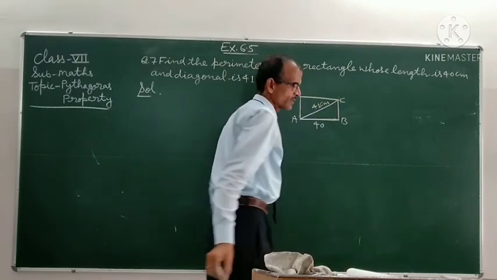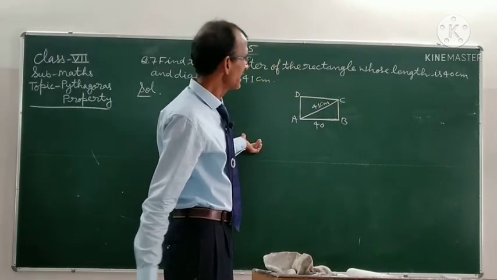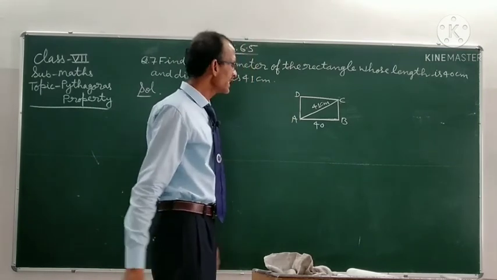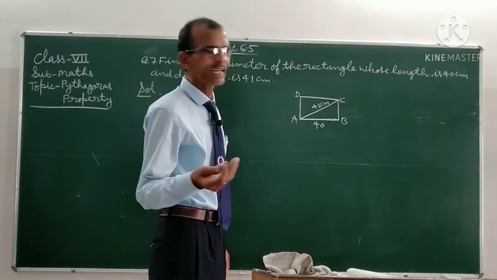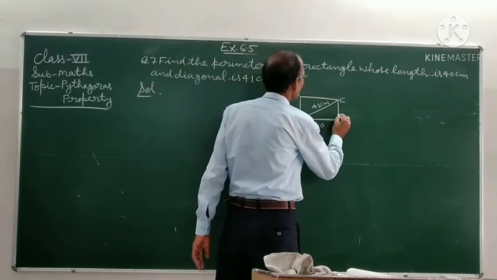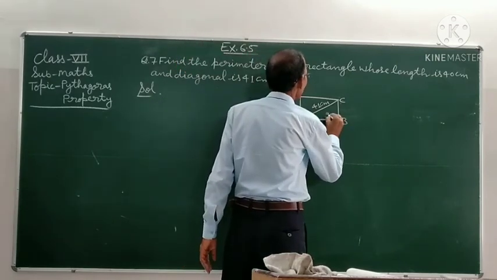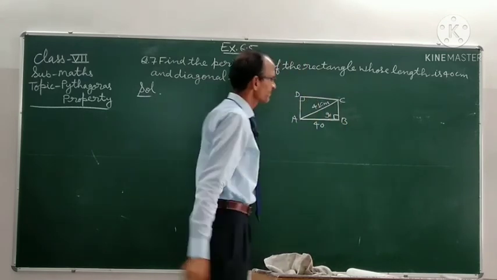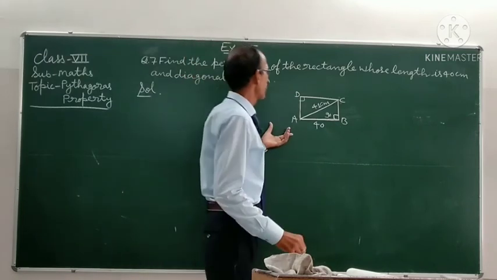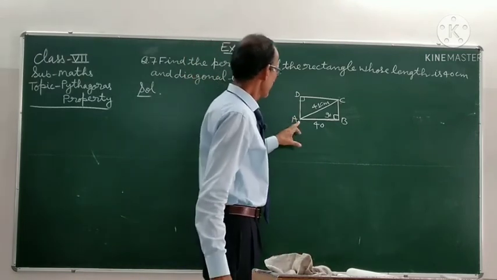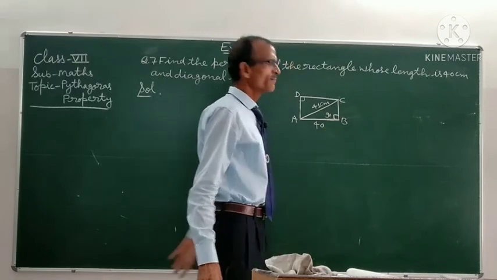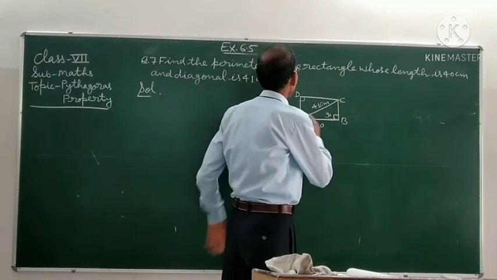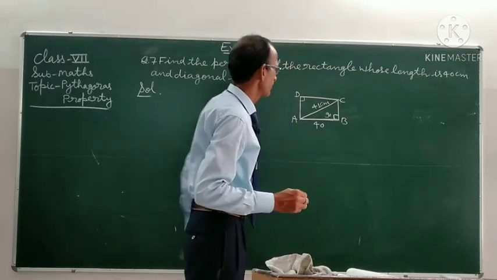Okay, we have to find the perimeter of this rectangle. We know that each angle of rectangle is 90 degree. So this angle is 90 degree and remaining angles are also 90 degree. Now this angle B is 90 degree and so triangle ABC is a right angle triangle.